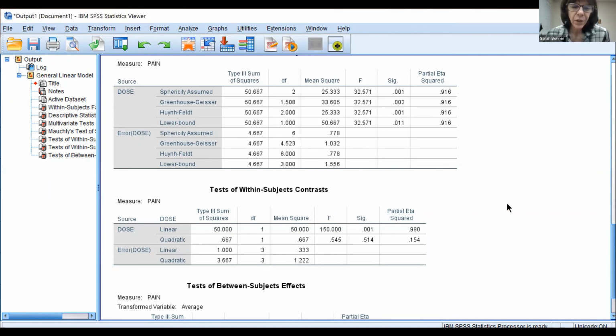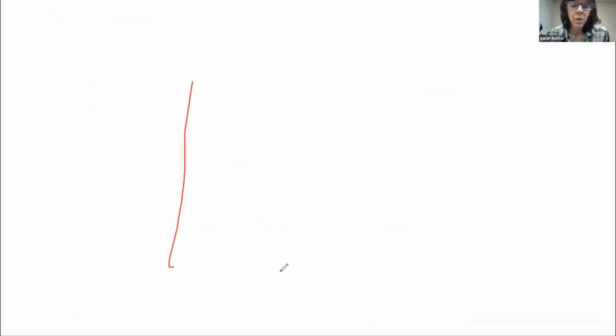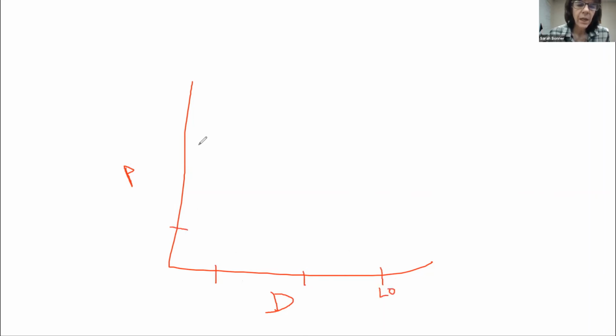The quadratic relationship, which we wouldn't really expect to be significant, is not, but it would be reasonable in this case to expect that where we have high dose, this is pain, this is dose. We started out with a high dose, medium dose, and low dose. So this is our low. And we had little pain here, varying across 4 people.